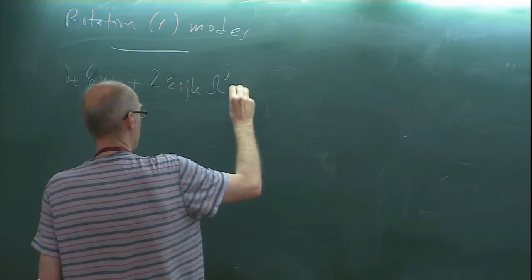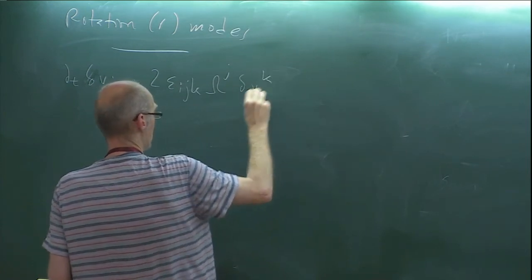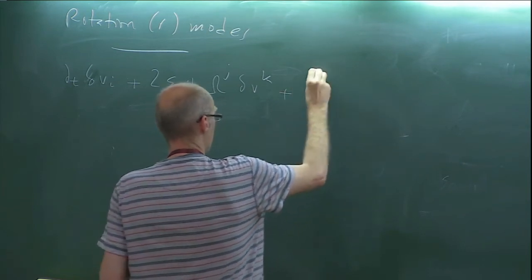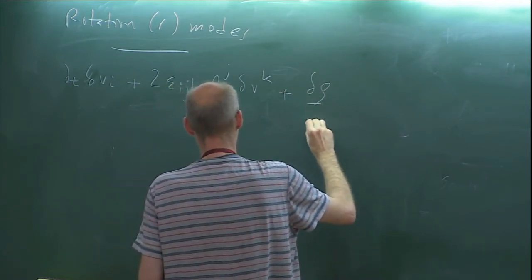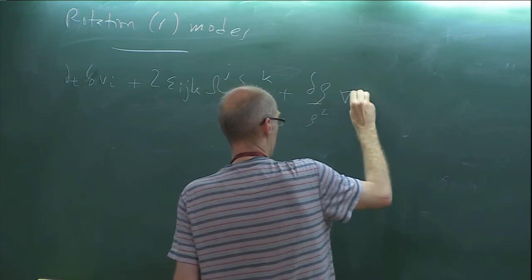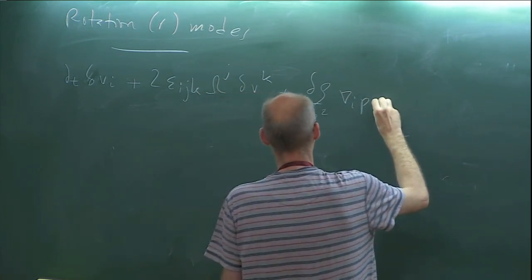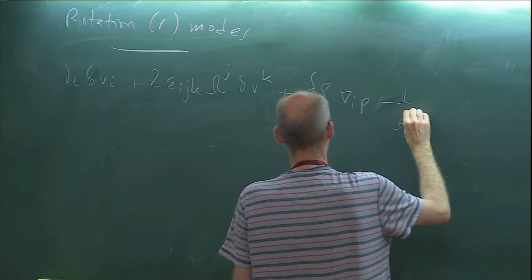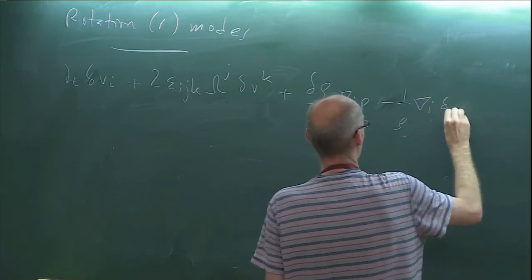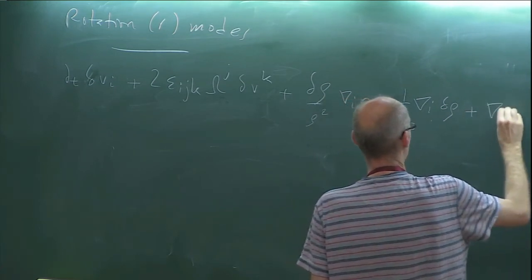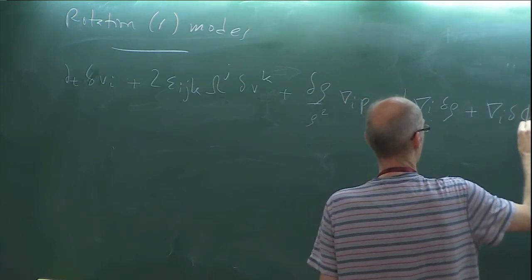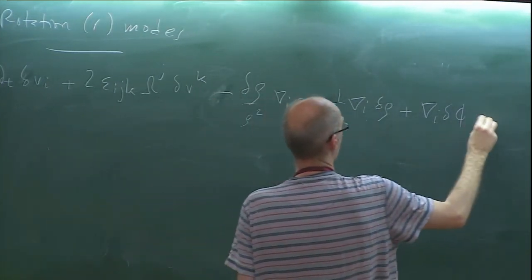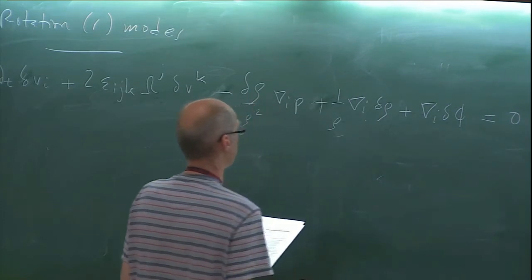We get an extra piece that looks a bit like this, the cross product between the rotation and the velocity field, and then we have the other stuff from before, delta rho over rho squared, grad p, downstairs, minus grad delta rho plus grad delta phi, and I got some sign wrong somewhere, probably here, something like that.